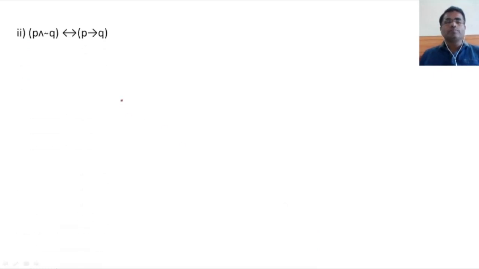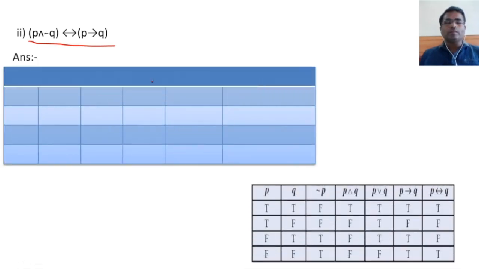Next example, suppose we consider P and negation Q, double implies P implies Q. Again this is our reference table, so the answer will be like this. The first column will be the column of P, that is true, true, false, false. Then the second column is the column of Q, that is true, false, true, false. Then we need negation Q here.